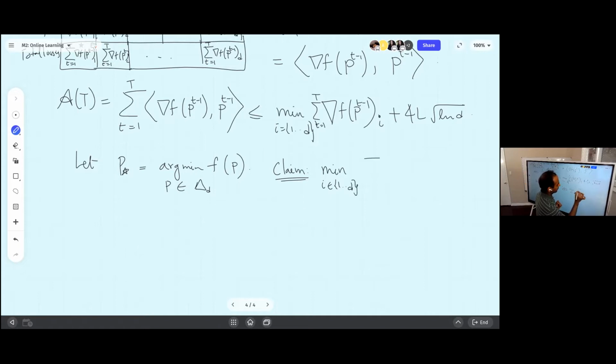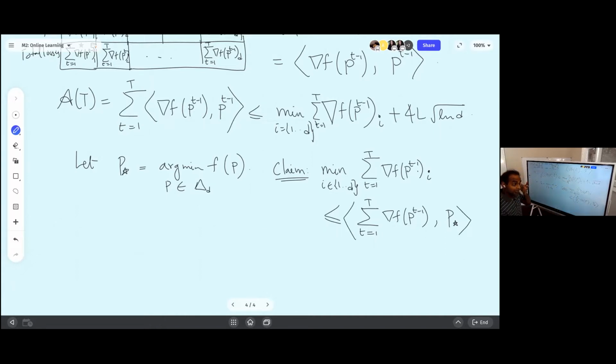of the sum of the gradients, in the d coordinates, is at most, if I look at the sum of the gradients so far of all the things that I've seen in the iterations, the inner product with P star.